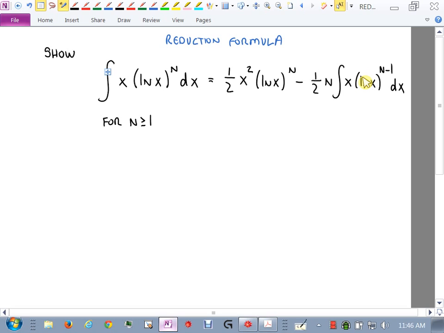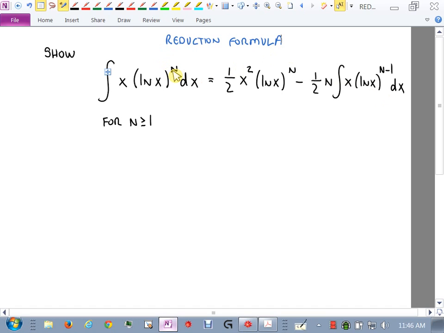And if this was n to the 80th power, then I would reduce it to 79th, and then that integral would have a new expression with 78th, and then 77th, and so on all the way down. It would be a tremendous expression, but you could do it just by reducing, not doing any integration at all. We're going to do an example where I'm going to replace this with a 3, and you'll see how it works.